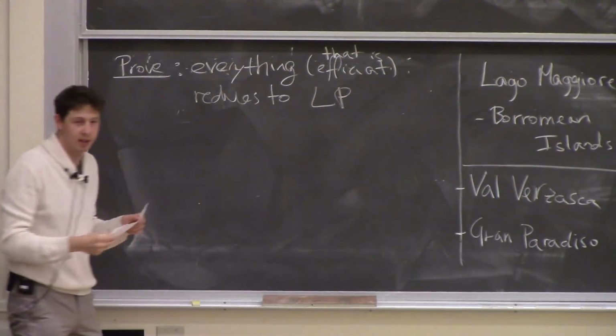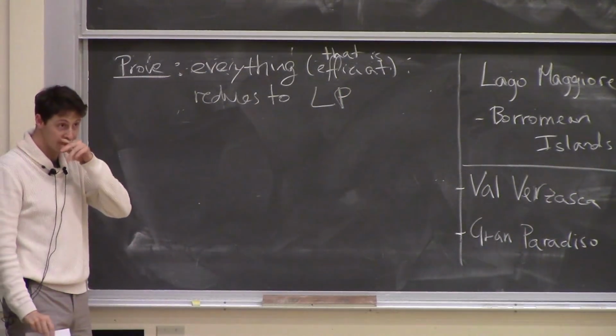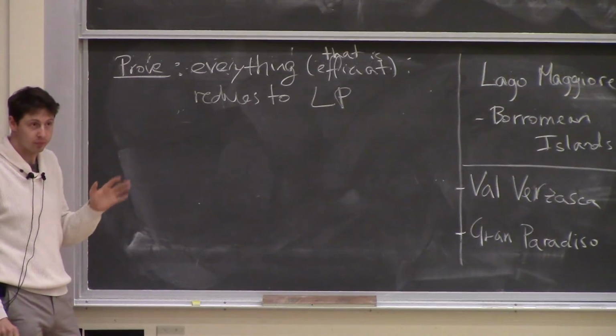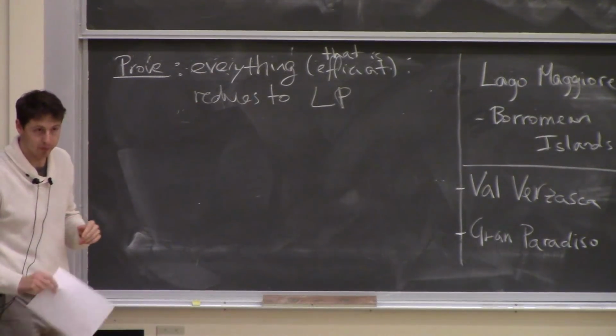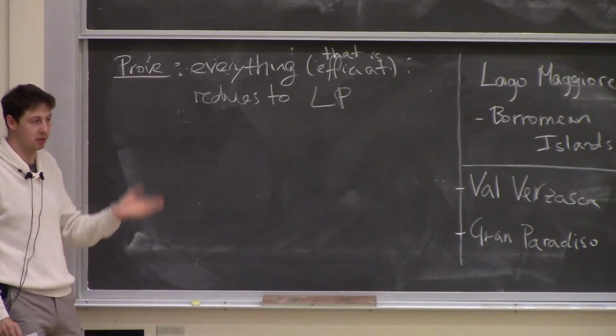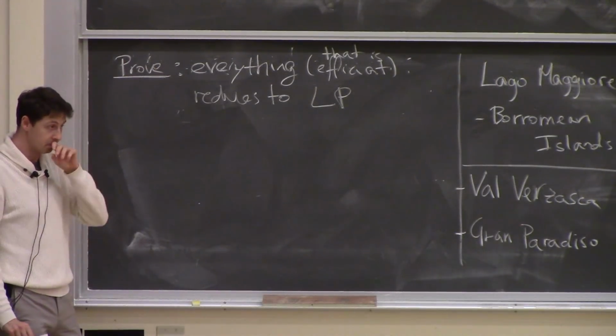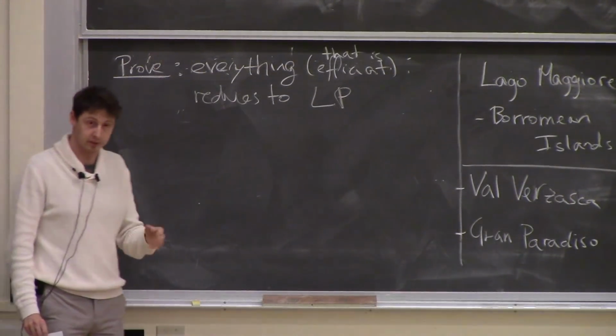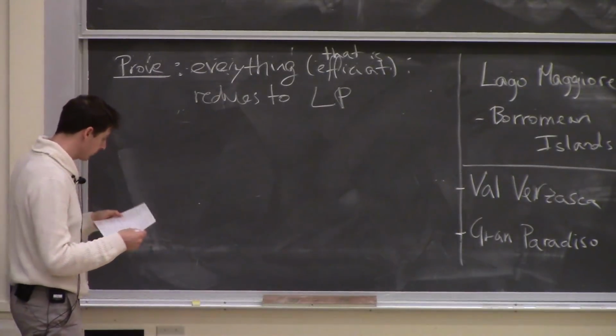Okay? It's a pretty strong statement, right? It says everything that is efficient reduces to linear programming. So there is some way to rewrite your problem so that you can just push it in a linear program. It will solve it for you, and then you get back the answer.